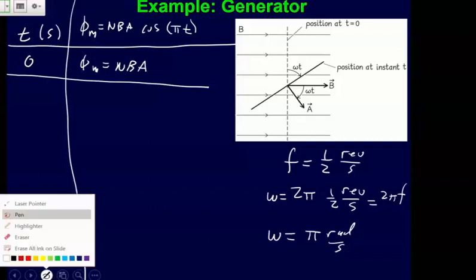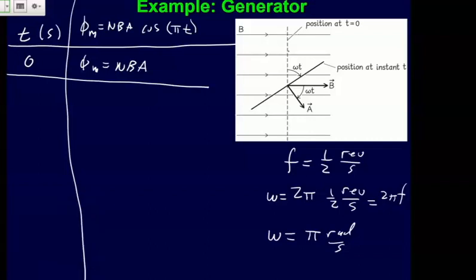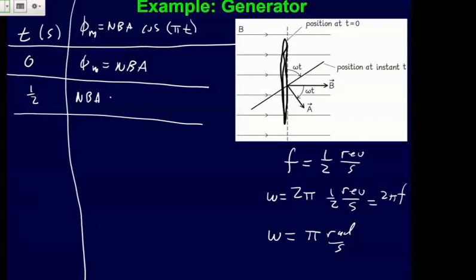So this guy would be aligned right here at time equals 0, so you'd have the maximum flux coming through. And so now if we start rotating this, we'll do a time of 1/2 of a second. And so for this flux, we get NBA, and then here would be cosine of pi times 1/2, or cosine of pi over 2, which gives us 0.